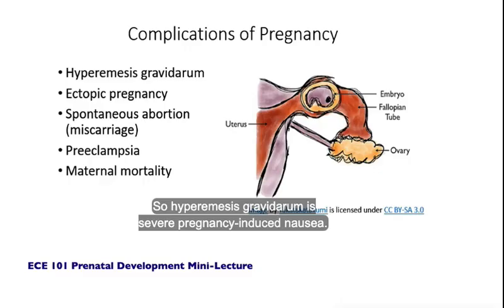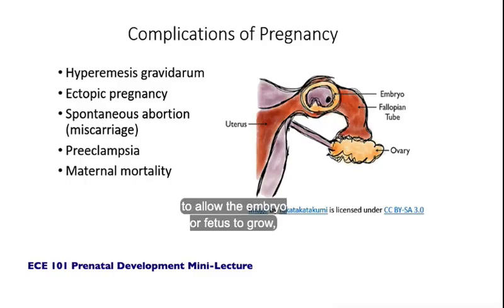Hyperemesis gravidarum is severe pregnancy-induced nausea, and often women who experience this need to be hospitalized to stay hydrated and to have enough nutrition to allow the embryo or fetus to grow. Medication may also help with that.